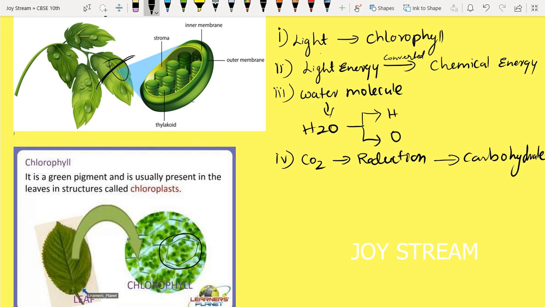Okay, the end product of photosynthesis is glucose. The carbohydrates are basically used by the plants. After this process, glucose is formed. This glucose is utilized by the plant.